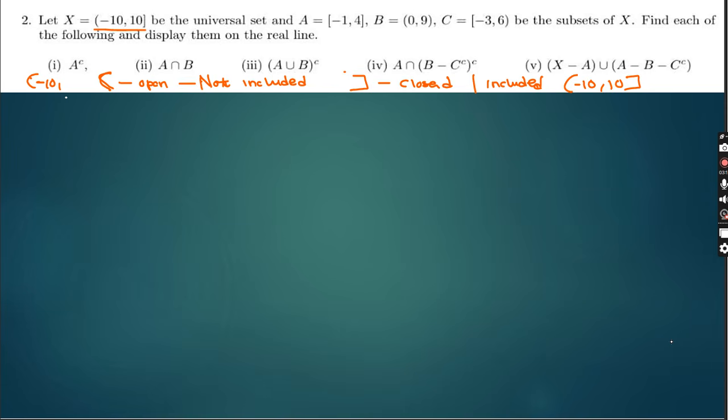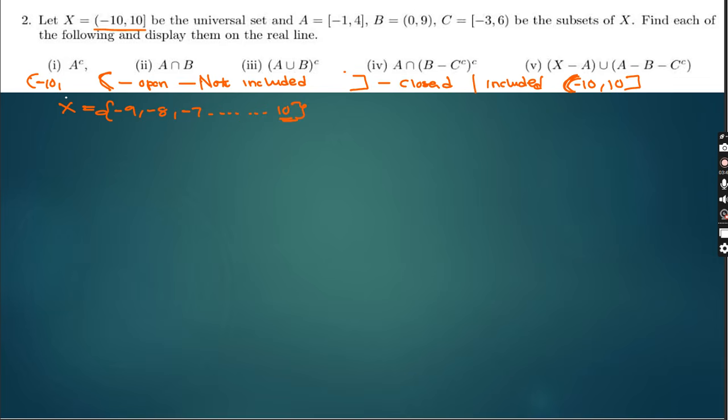That means set x may run from negative 9, negative 8, negative 7, all the way up to 10. As you can see, in this set we have 10, but we don't have negative 10 because of this bracket.